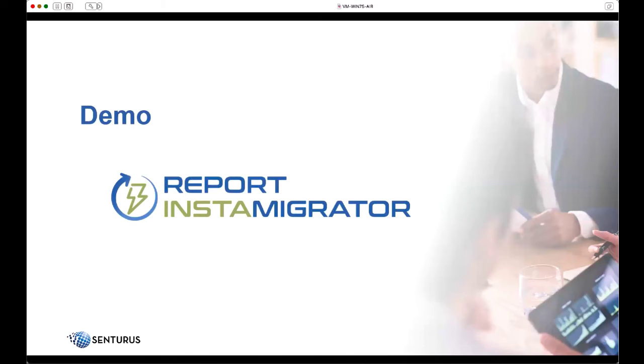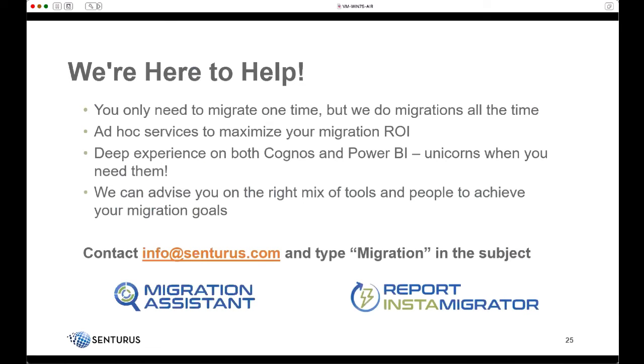All right, so here at Senturus, we're here to help. If you're doing a migration, migration is something you at least hopefully only need to do one time, but we do migrations all the time. So we're here to help, and not just with the tools that we've discussed today, but we can help with supporting your team with additional resources.